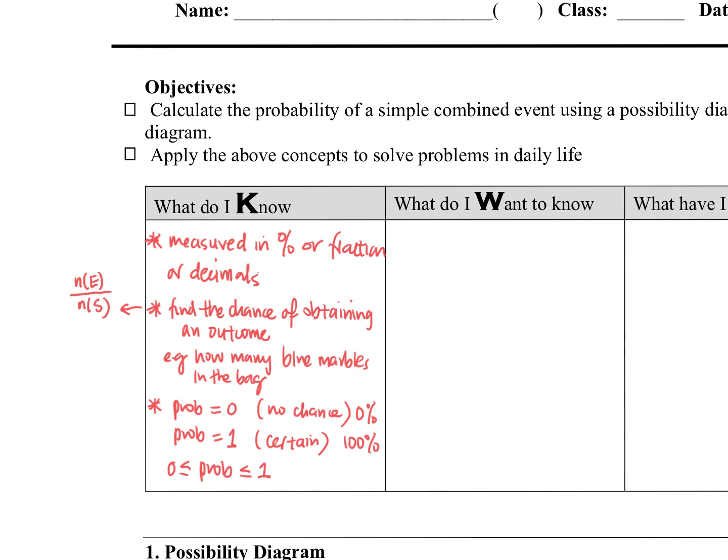Or what if they ask you to pick one after the other? Okay, or what if we want 2 events happening at the same time? So, how to calculate probability when there's more than 1 event?